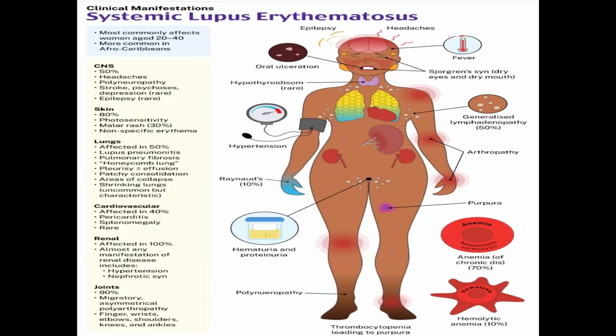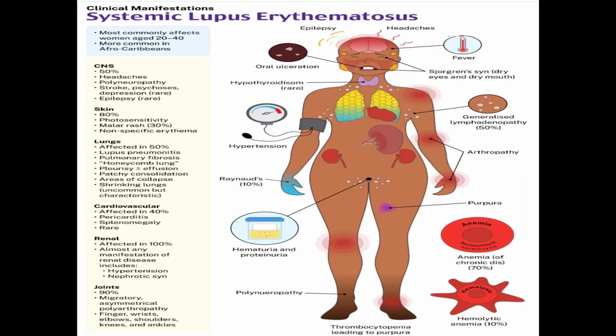CNS manifestations happen in 50% of the time, characterized by headaches, polyneuropathy, stroke, psychosis, depression, epilepsy. Skin manifestations: photosensitivity, malar rash, non-specific erythema.